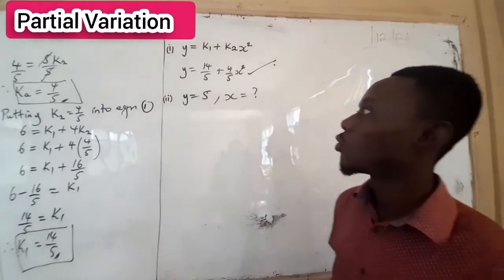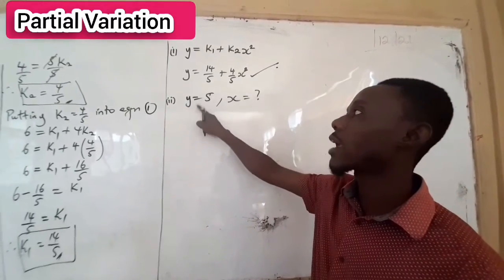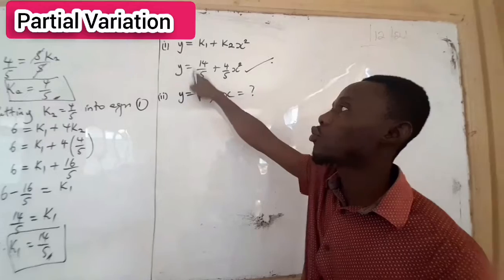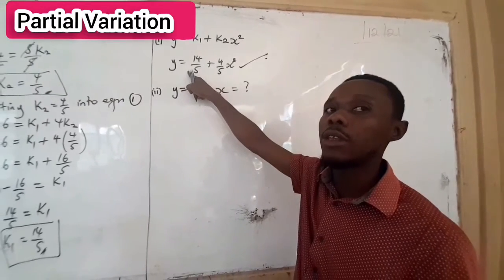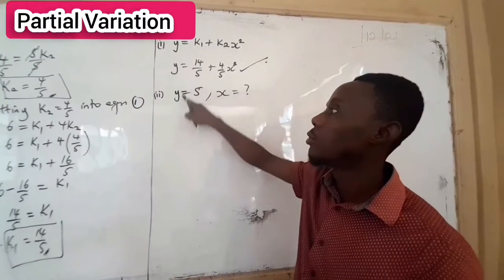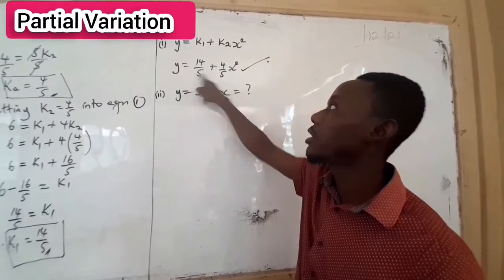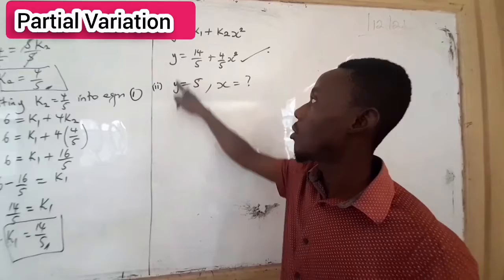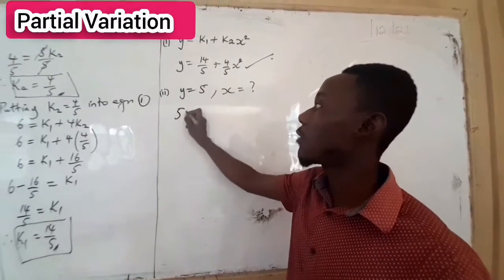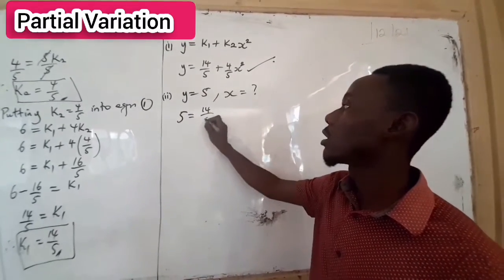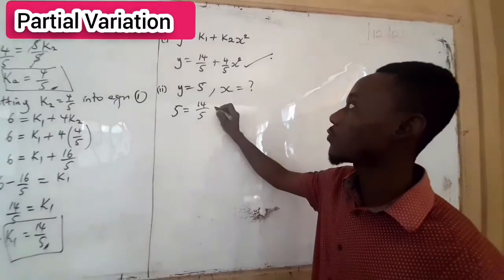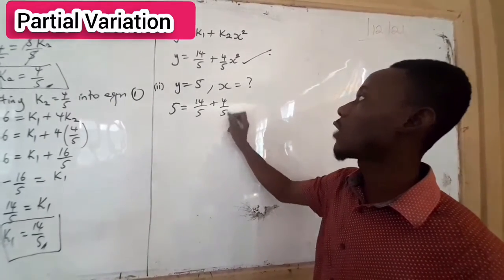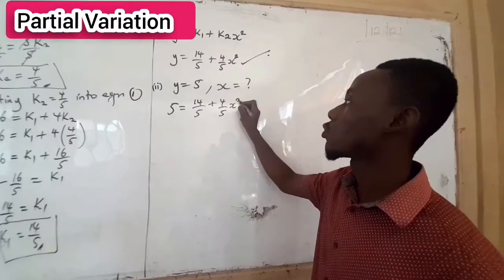So simple. We put the value of y into our equation, then we find what? The x value. So we can say this y is now 5. Then we have 14 out of 5 plus 4 out of 5, then x y squared.